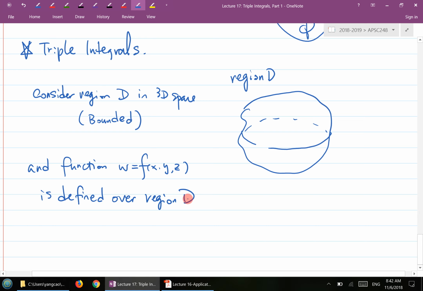You've got a region D, and a certain function associated with this region D. If you recall, what does it mean for a function to be defined over a region D?